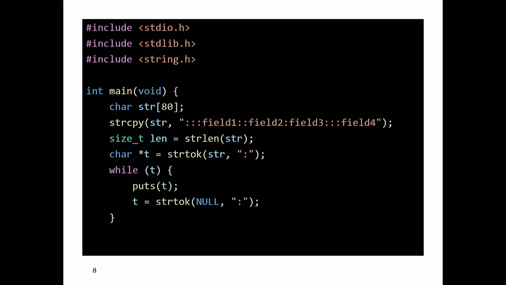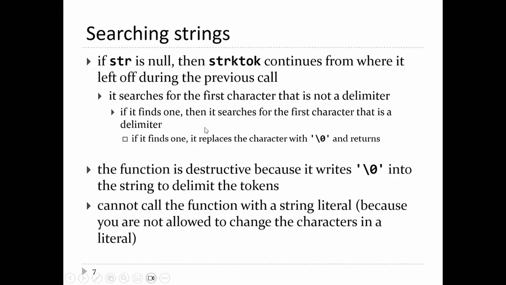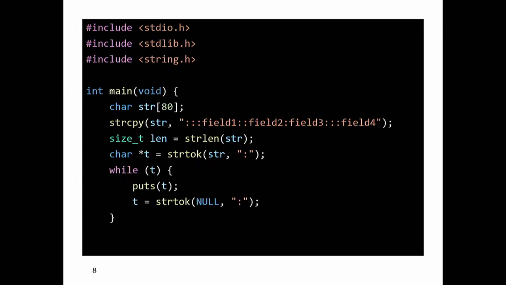Now it finds the F, not a delimiter. So we found a character that's not a delimiter. Now it's going to search for the first character that is a delimiter after where it stopped. So this function only goes forward through the string. It never goes backwards.